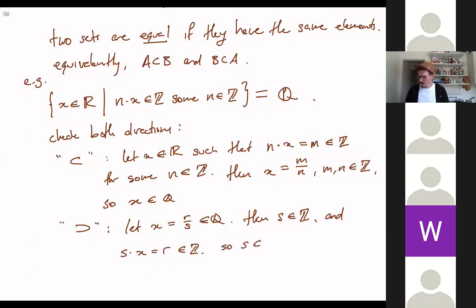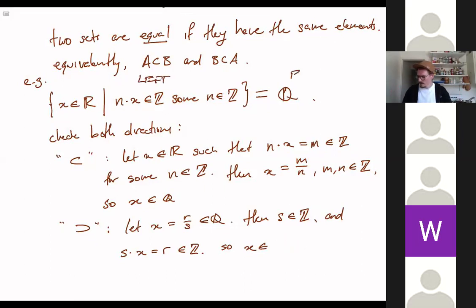So x is in, let me write the left-hand side, right-hand side. Which one's which? This is left.